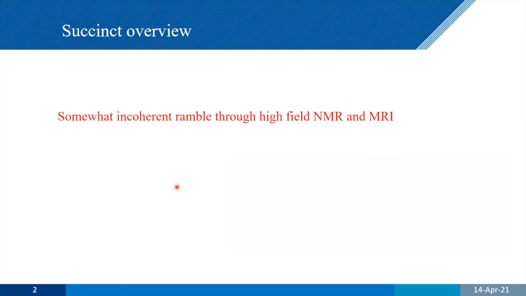I'm going to start with a little bit of an incoherent ramble about some of the work that we did in very high field NMR and MRI, and then lead into our experiences, both technical and clinical, in terms of 7T human MRI, and then end up with very low field. So where we are at about 50 millitesla, yourselves then at obviously Matt's group at way, way less than that, and then Clarissa's group a little bit higher than that.